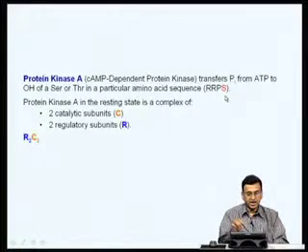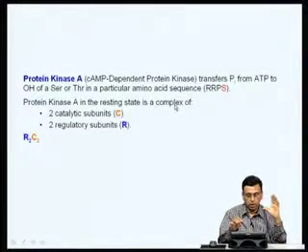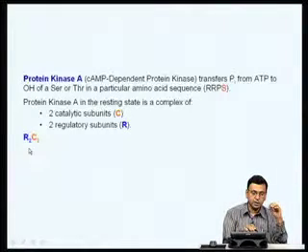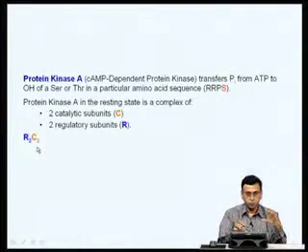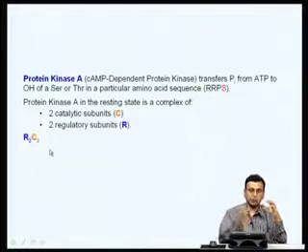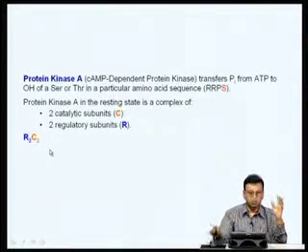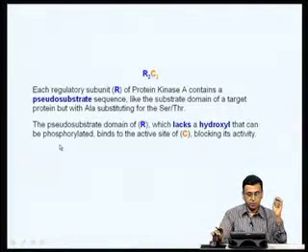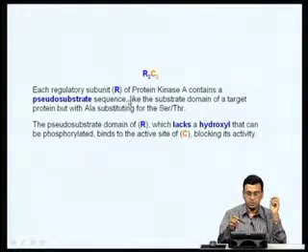Protein kinase A in the resting state comprises two catalytic subunits and two regulatory subunits, usually designated as R2C2. As long as the catalytic subunits are associated with regulatory subunits, it is in an inactive form. Now, what does cyclic AMP do? The regulatory subunit of protein kinase A contains a pseudo substrate sequence like the substrate domain of a target protein, but with alanine substituting serine and threonine.